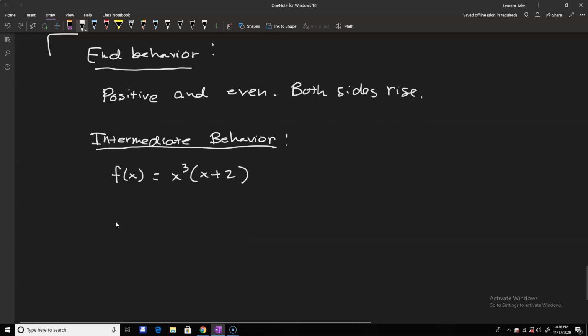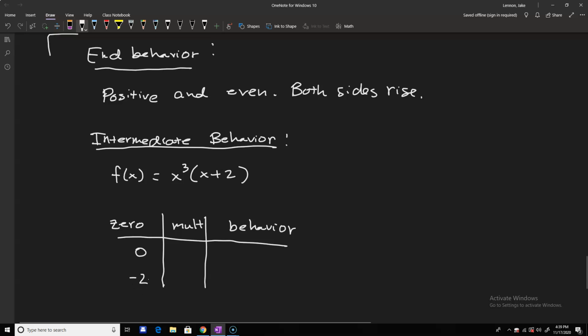So remember, we have our 0, the multiplicity, and the behavior. We can make this little chart, and that'll tell us what's happening at each of these x-intercepts. So what are the two x-intercepts? Well, you have 0 that comes from the x to the third factor, and then your second 0 is -2, which comes from the x plus 2 factor.